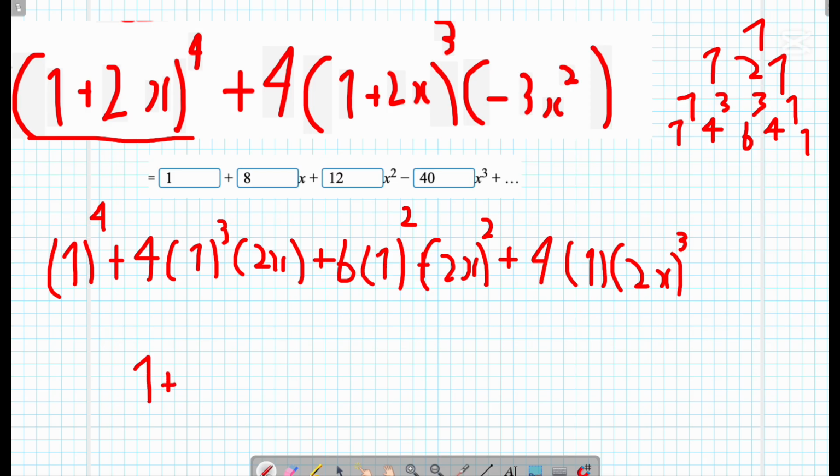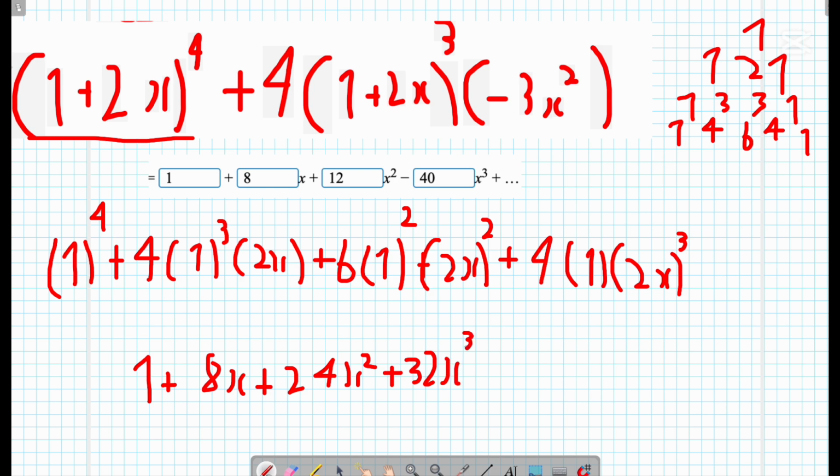So 1 plus 8x plus 24x squared plus 32x cubed.